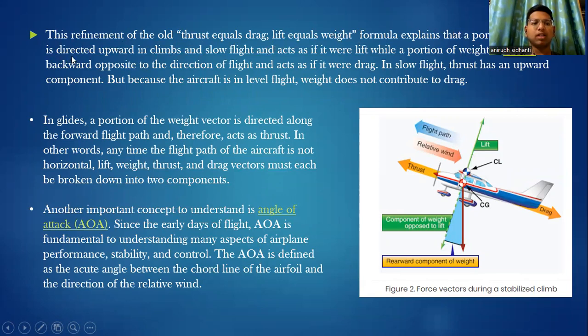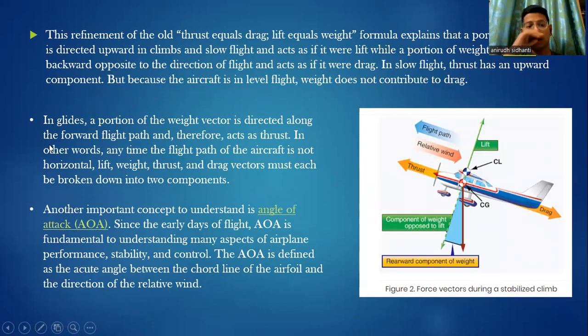A portion of thrust is directed upward, inclined to the flight path, and acts as if it were lift, while a portion of weight is directed backward, opposes the direction of flight, and acts as if it were drag in slow flight. Thrust has an upward component, but because the aircraft is in level flight, weight does not contribute to drag.